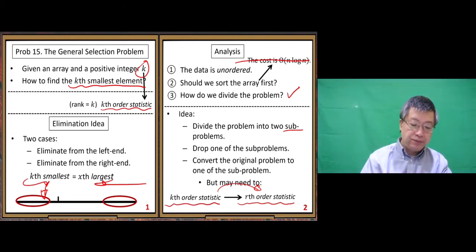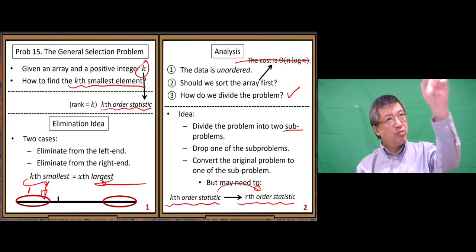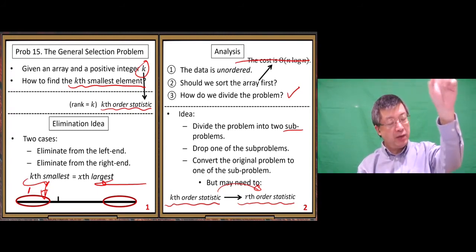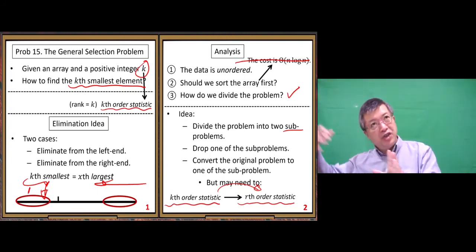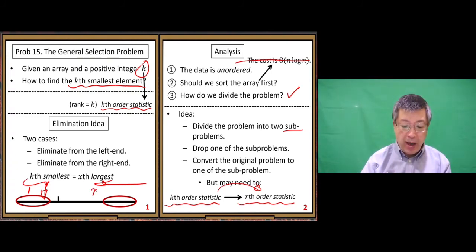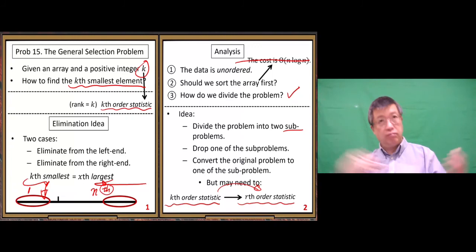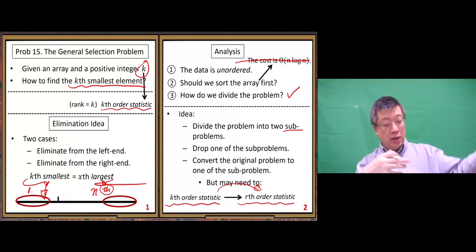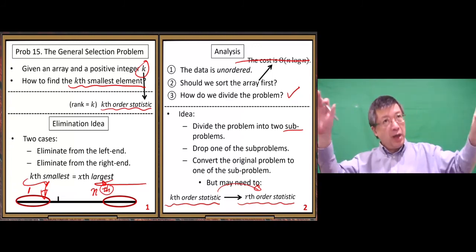For example, when k equals 1, 1 means the smallest element, the first smallest element. But from the larger side, that will be the nth largest, right? Smallest equals nth largest.